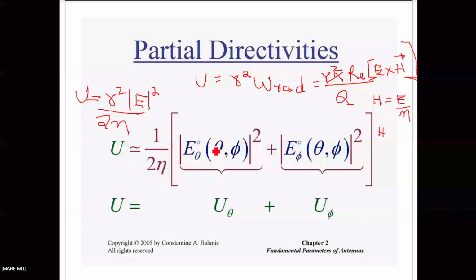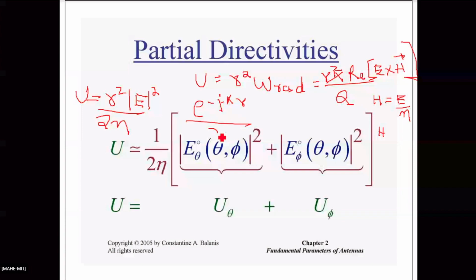Actually, E theta is a function of R, theta and phi, and E phi is a function of R, theta and phi. But the R dependence, how it varies, I told you, is e raised to the power of minus jkr by r.